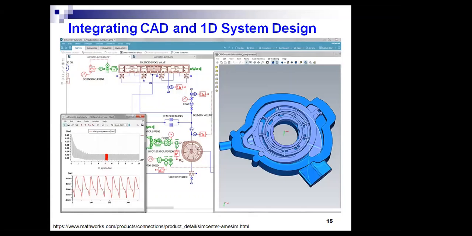In many cases, whenever we do virtual analysis like finite element analysis or computational fluid dynamics, we may assume many things when we define the input, which cannot be readily available for the analysis.